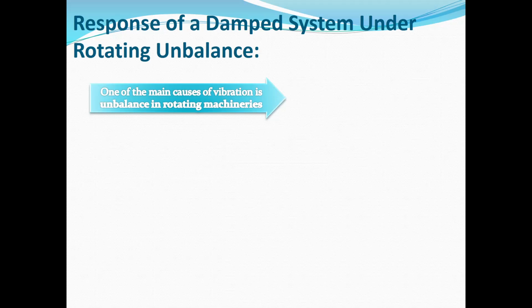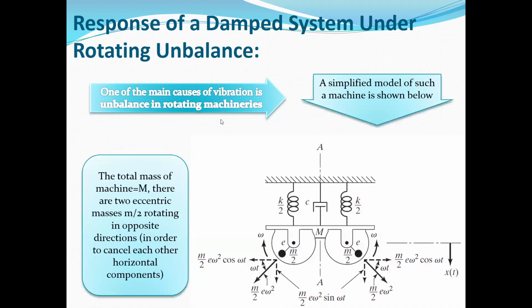Most of the time when we deal with a rotating component in our machine or in our structure, we deal with an unbalancing, and the unbalancing is the reason for the vibration in our structure.